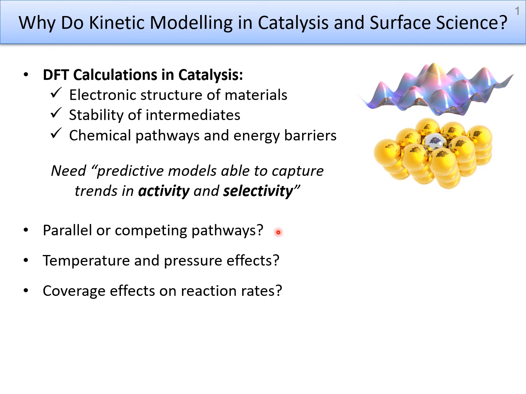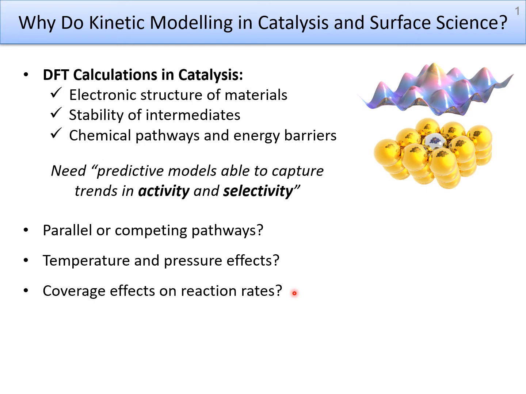Now, of course, especially if we have competing pathways, temperature and pressure may exert an influence on which pathway might be dominant. And actually the dominant pathway may not be the same if we carry out the reaction at a certain set of conditions versus another set of conditions.